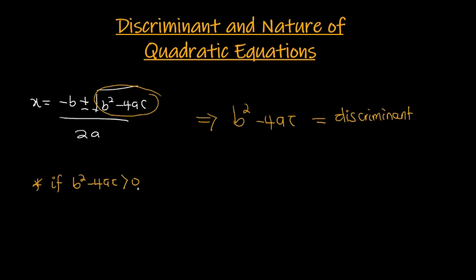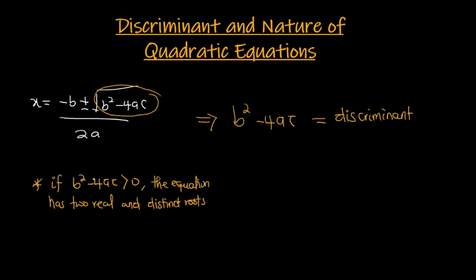If b squared minus 4ac is greater than 0 or is positive, then the equation has two real roots, has two real and distinct roots. That is, the roots are not going to be the same. One answer might be 4, one answer might be 1. They're just going to be different answers.